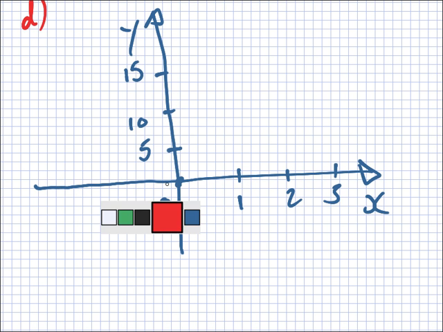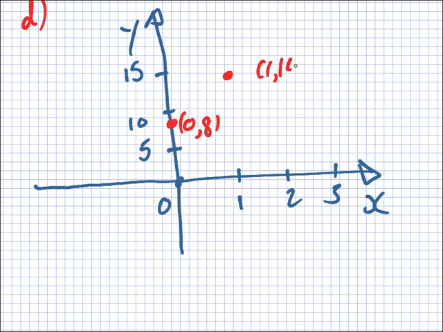So my first point is 0, 8. And my second one was 1, 14. Now what type of point did I have at 0? What's the nature there? Rising inflection. So it goes like this. And then at 1, 14? It was a concave. Yeah, concave.